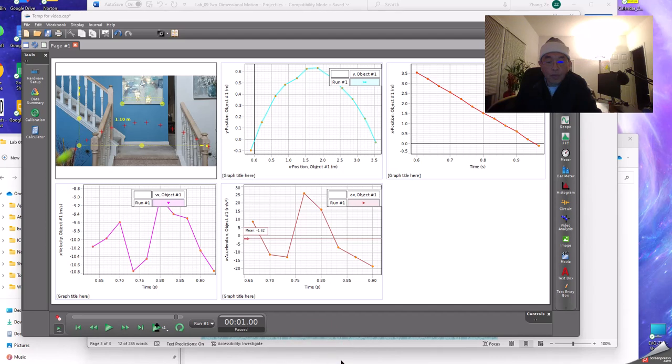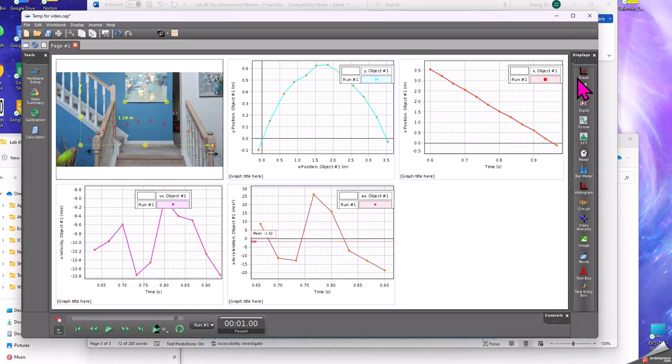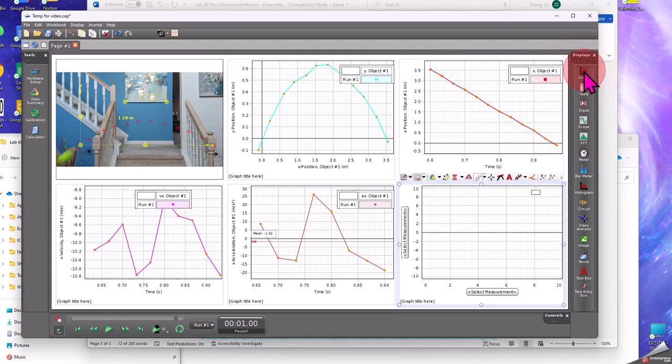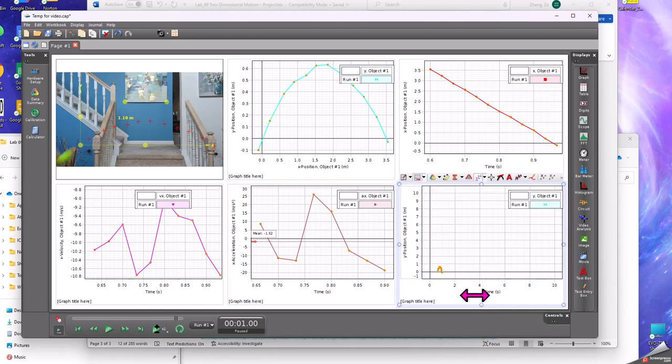All right, so here. Now, another graph. So now we do y direction. We have 3 plots. Okay, double click here, and you have another graph. So then vertical y position of the object versus time. That is beautiful.